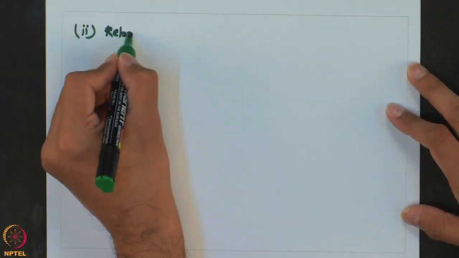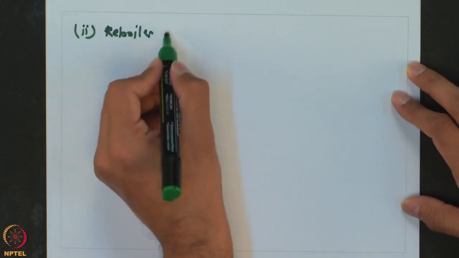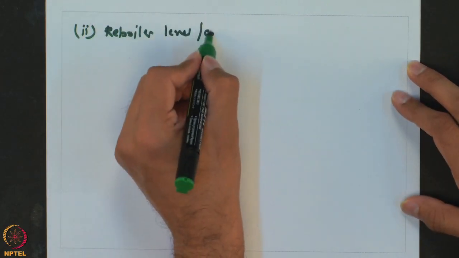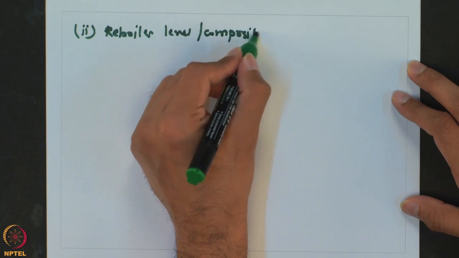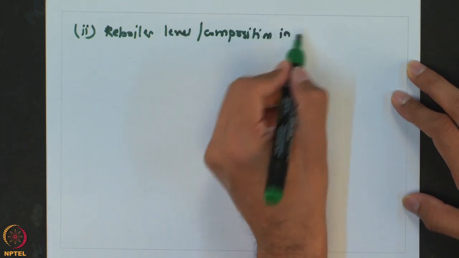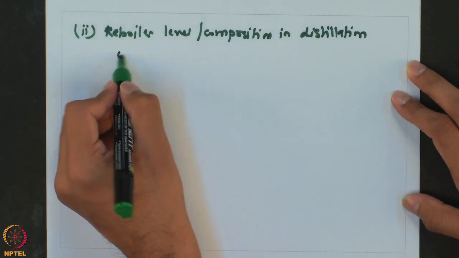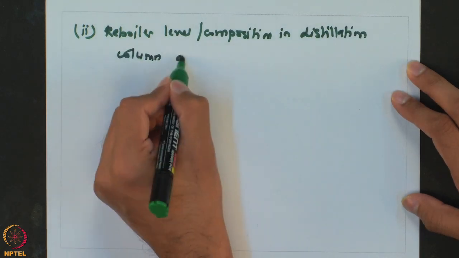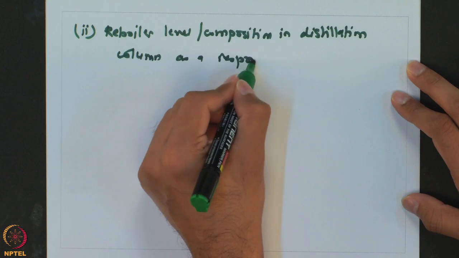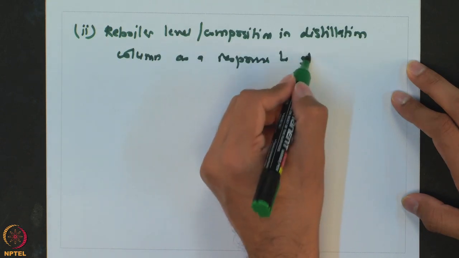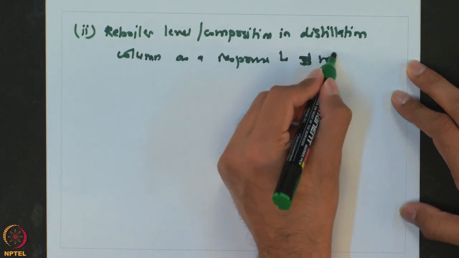The other system which can give you inverse response is the reboiler level or even composition in a distillation column, as a response to reboiler duty.